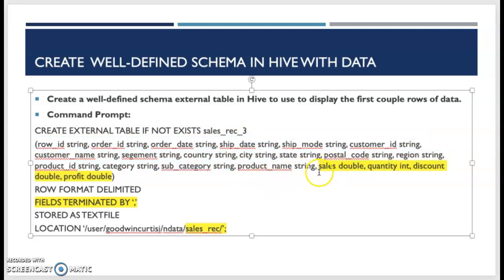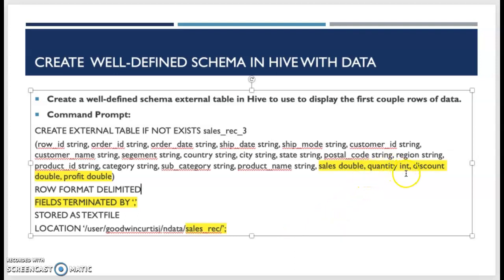The ones that I do want to bring the attention to would be sales, quantity, discount, and profit. Also, postal code. Postal code could be used as a string or an int, but sales was used as money, currency, and so we labeled that double, which is a double float, giving 2 decimal places after the decimal.